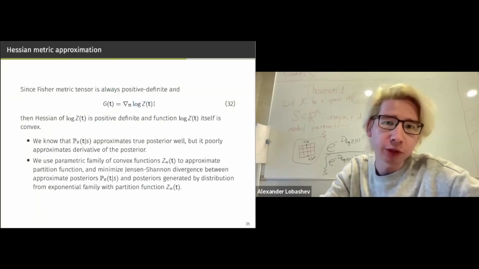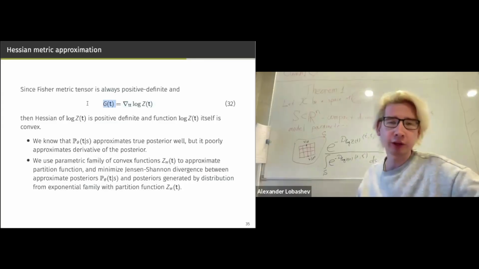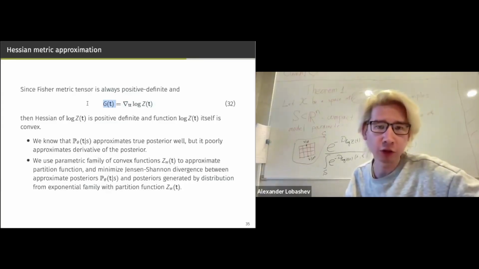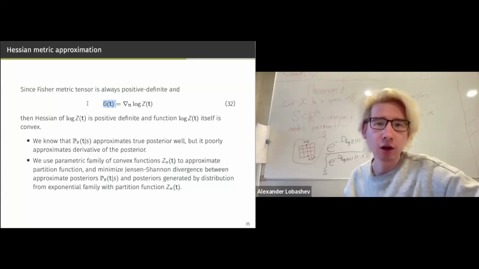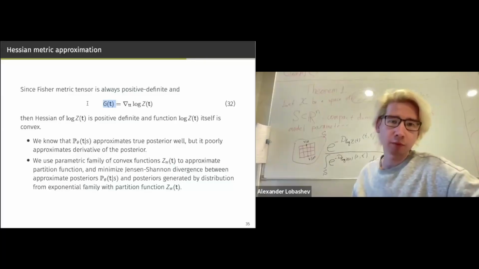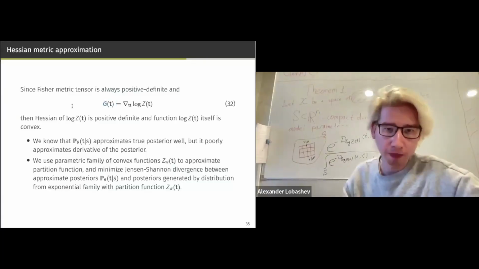So if we manage to reconstruct this convex potential, we just take the Hessian, and now we have access to this Fisher information metric, and then we could do the usual Riemannian geometry with this metric. For example, computing a geodesic and computing its curvature and so on.